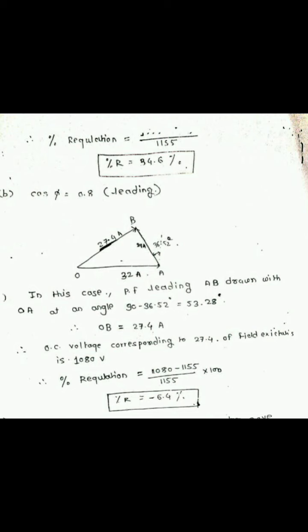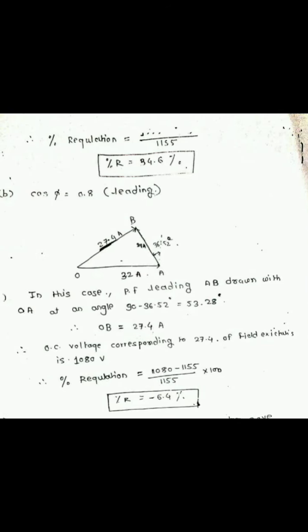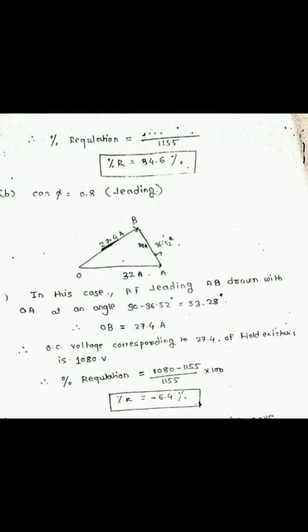That 1080 is the value of E. Substituting this value into the voltage regulation formula, we get the percentage regulation, that is minus 6.4%. So for solving this problem, for getting the values of IF1, IF2 and IF for the leading and lagging cases, we want to draw the graph of that particular problem.